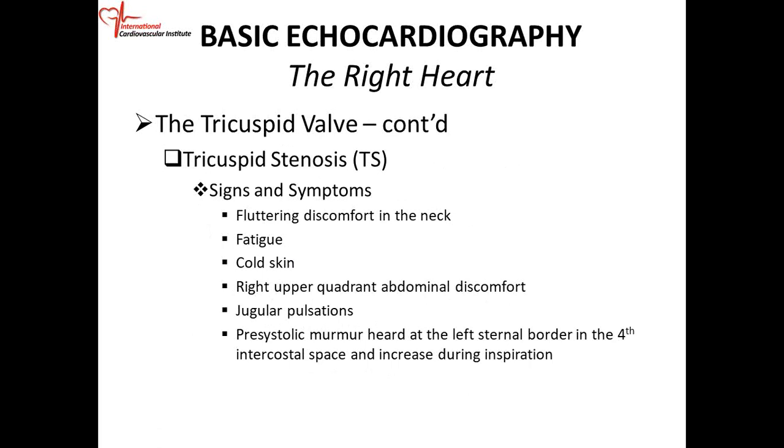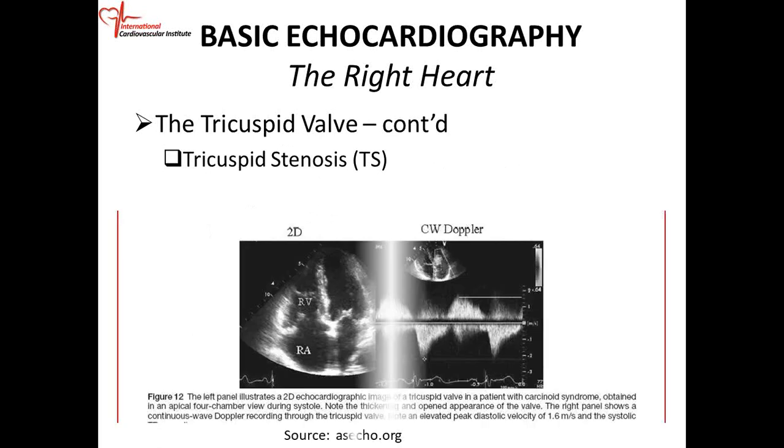So with this diastolic murmur, when you tell the patient to take a deep breath in, the murmur is going to increase. Okay. Usually all murmurs on the right side increase with inspiration. So carcinoid is a very common cause for this.